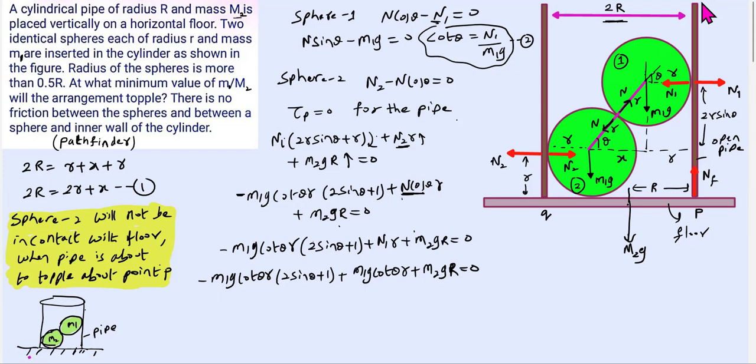G will get eliminated. So this will be M1R cot theta equal to M1R cot theta plus M2. M1R cot theta will get eliminated. I'll explain further.